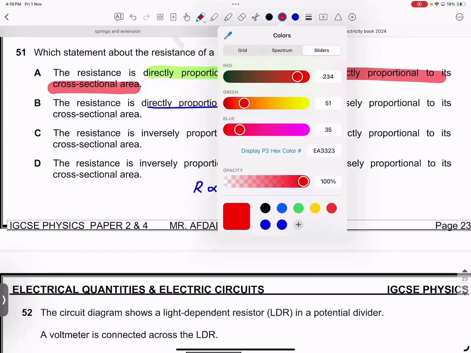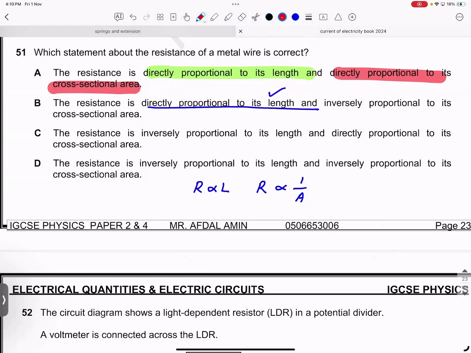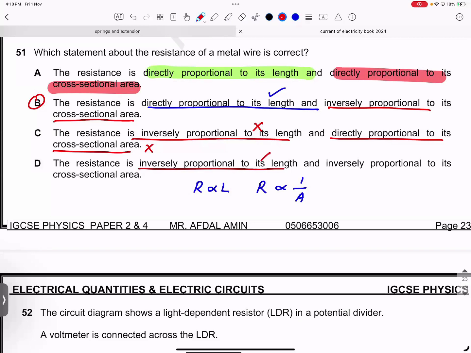Resistance is inversely proportional to cross-section area, correct answer. Inversely proportional to length, wrong answer. Directly proportional to area, wrong answer. Resistance inversely to length, wrong. Inversely to area is correct. So the only option in which both options are right is B.